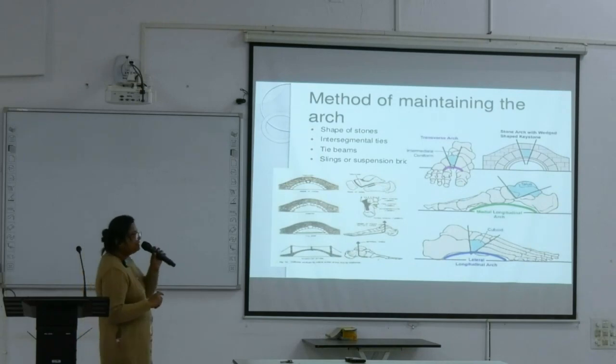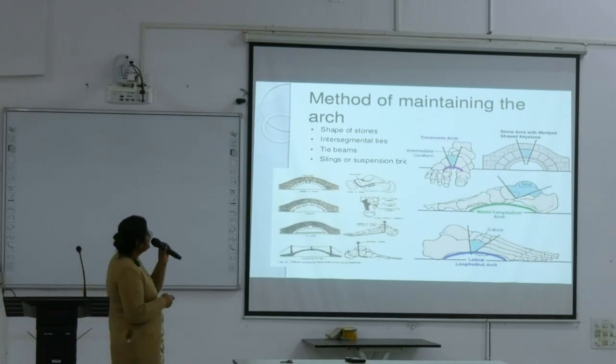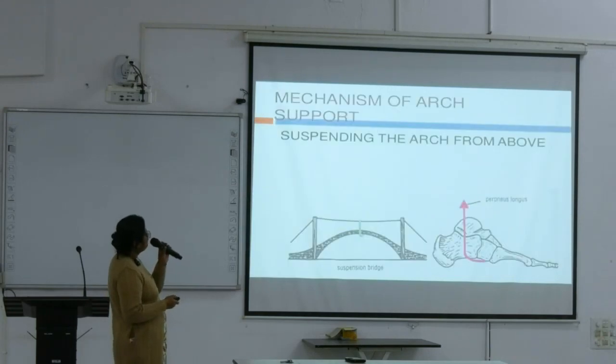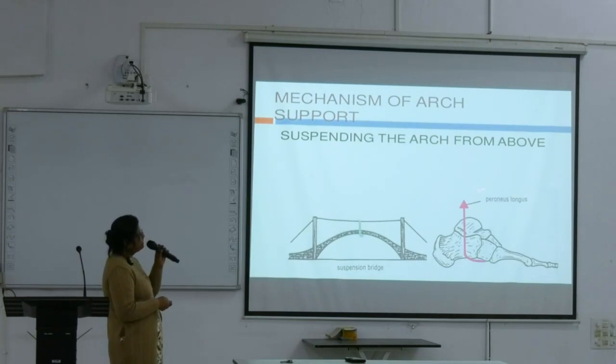So for each individual arch, we will discuss which structure is acting as which part. Next, this is suspension. This is suspending the arch from above. Here, peroneus longus for the lateral longitudinal arch is acting as a suspension bridge.